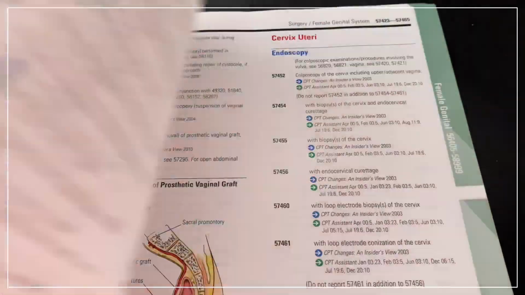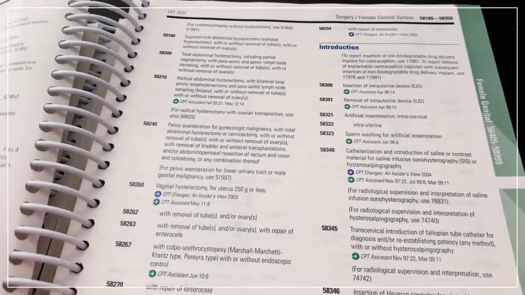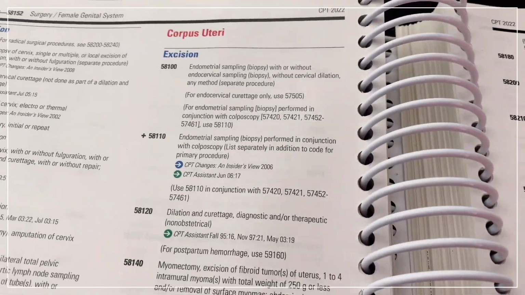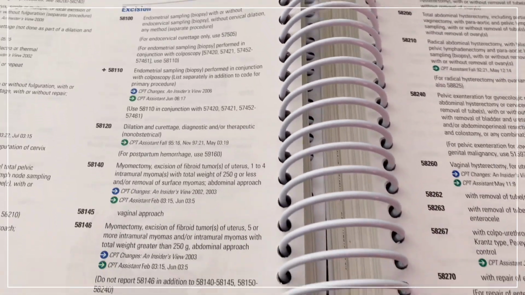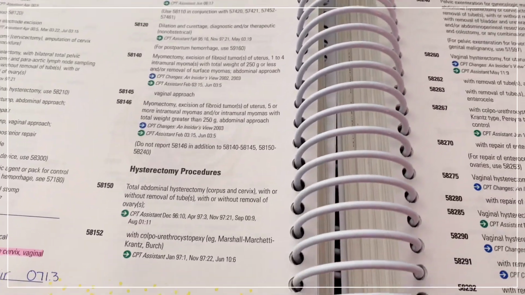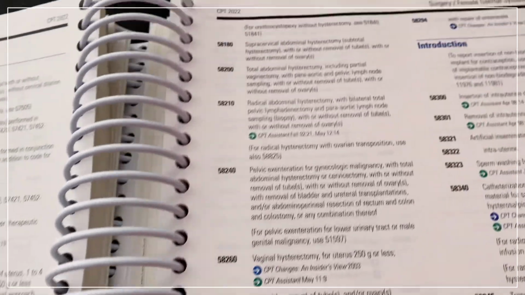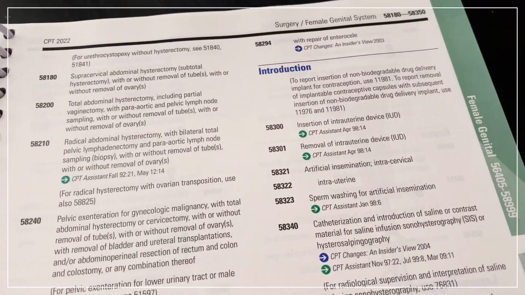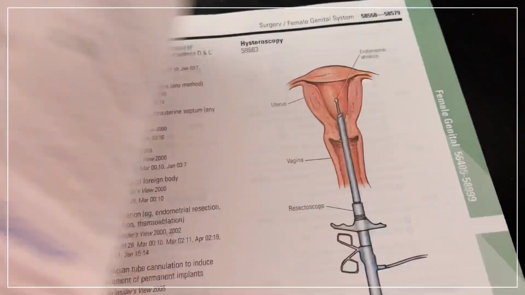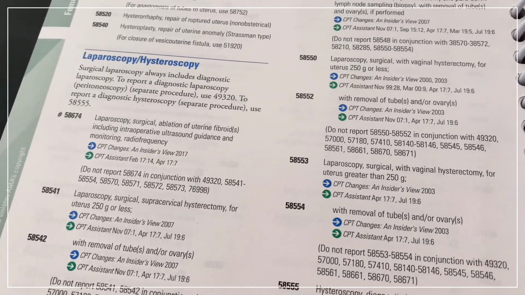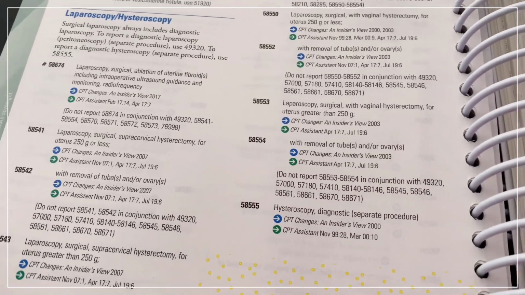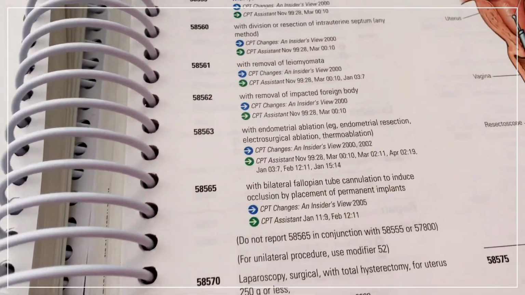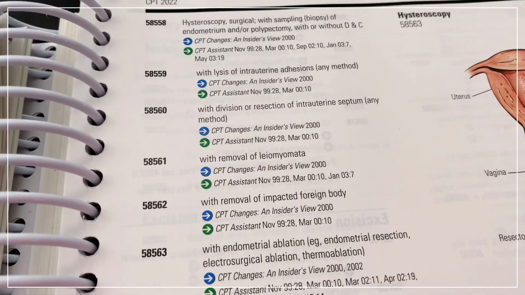We are going to look for the corpus uteri, which is this section here, and you'll have your endometrial procedures, and then there are some hysterectomies, and then we get to the introduction section. Because we are going to be doing a hysteroscopy, you want to look under hysteroscopy, and you're going to look for the one that is with endometrial ablation.